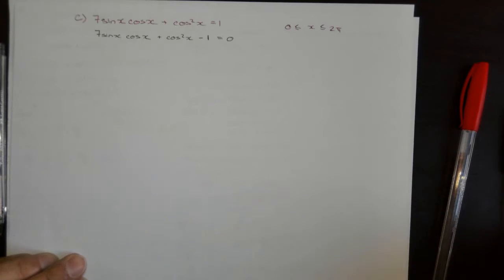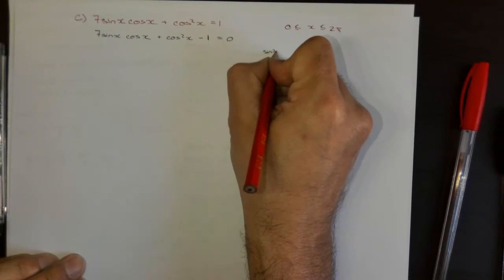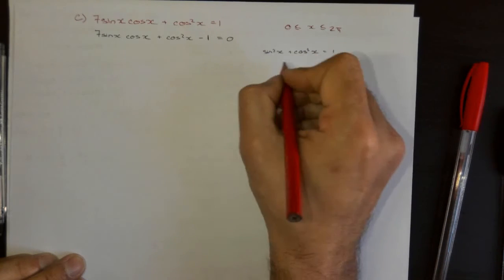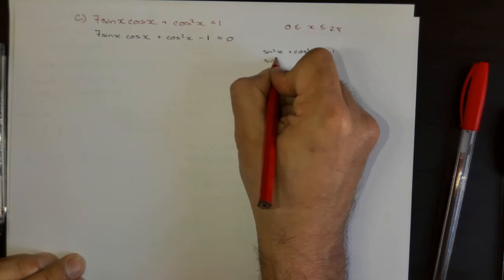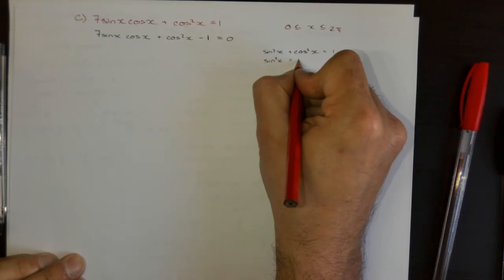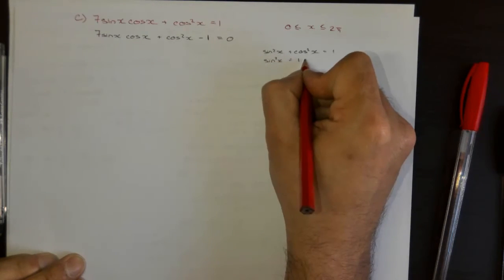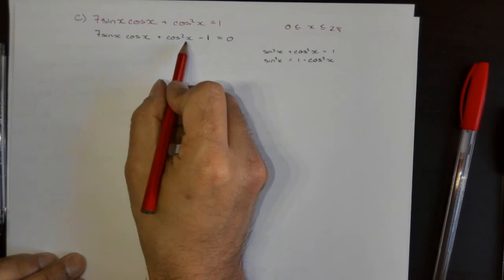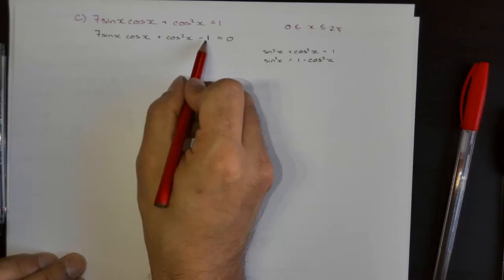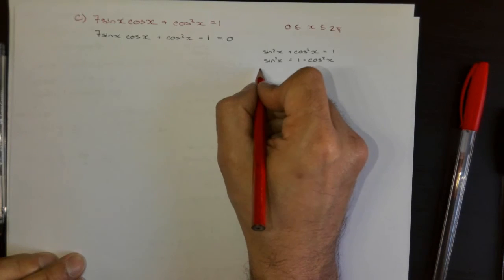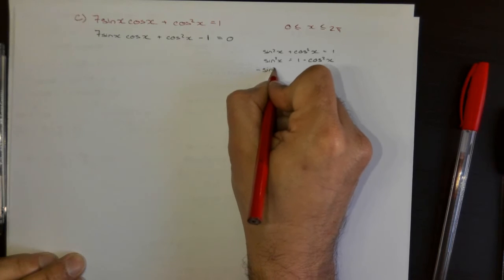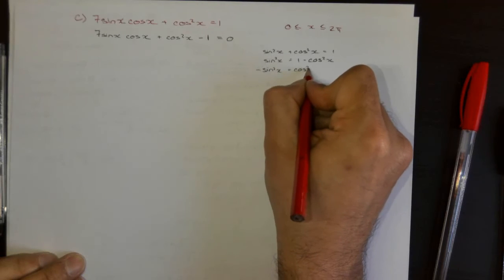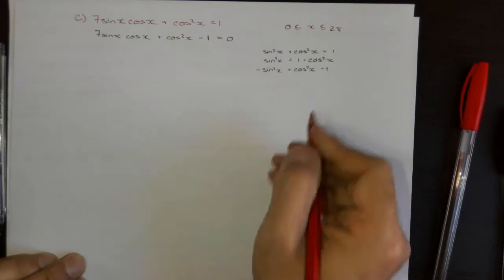Well, as before, we know that sine squared of x plus cos squared of x equals 1, so sine squared would be 1 minus cos squared of x. But unfortunately, we want cos squared x minus 1. So if I times that by negative, that becomes a positive and this becomes a negative, and that's what we want.